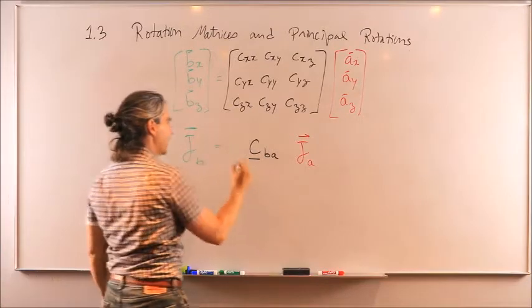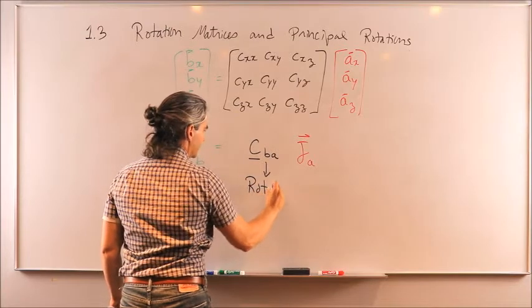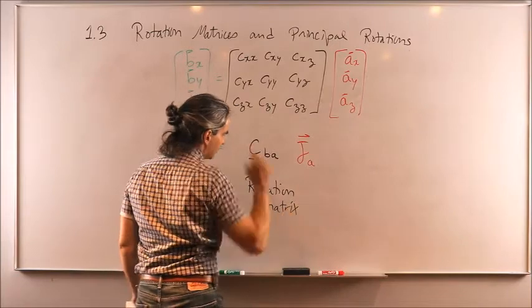Because of that, this particular matrix has a particular name, and that name is a rotation matrix.